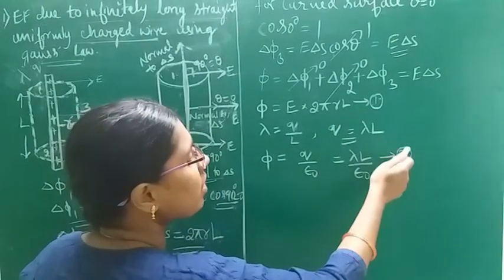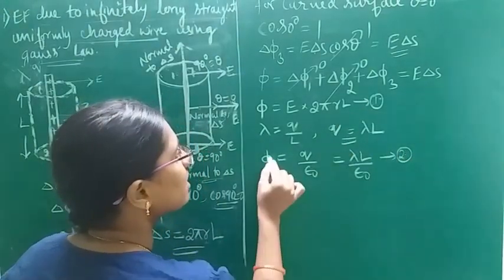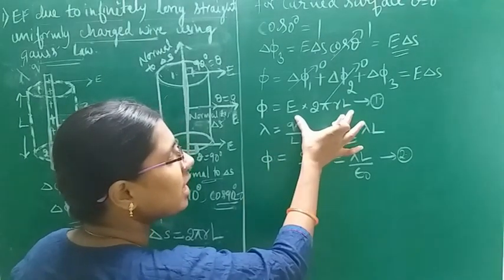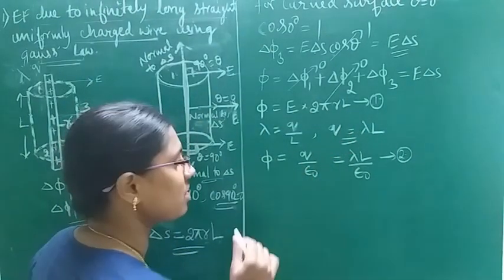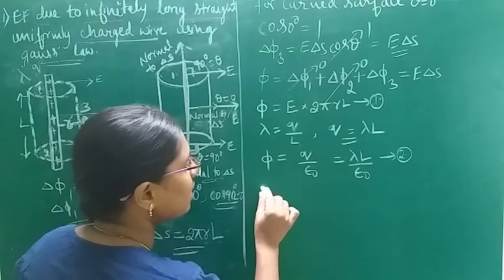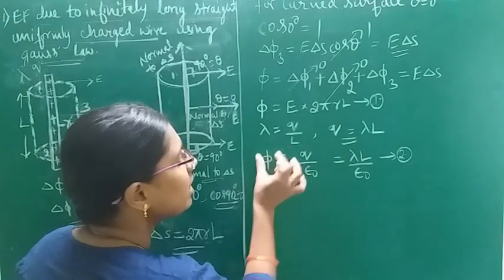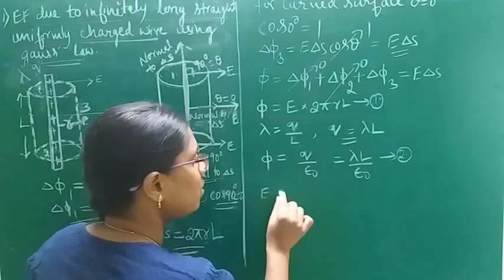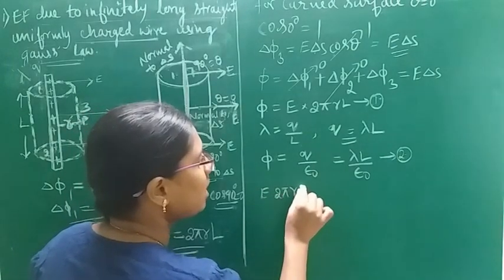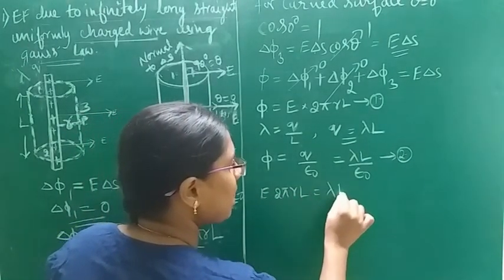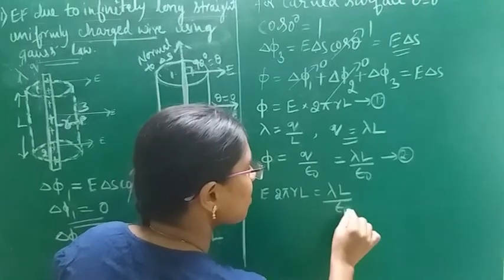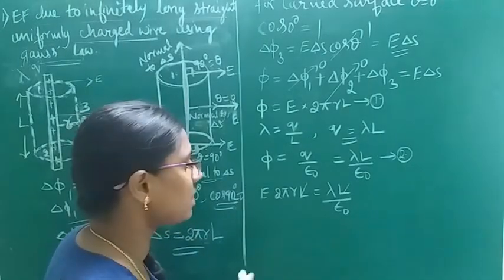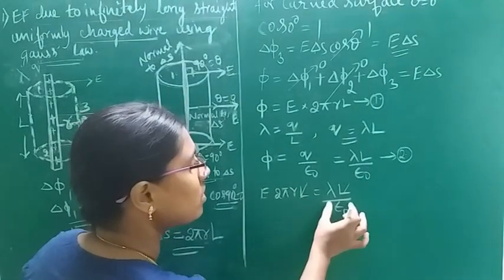From equation 1 and 2, in place of phi we can write the value from equation 1. So, E into 2 pi r L is equal to lambda L divided by epsilon naught. This L and L get cancelled, right? Now take this 2 pi r to the other side, so it comes to the denominator.